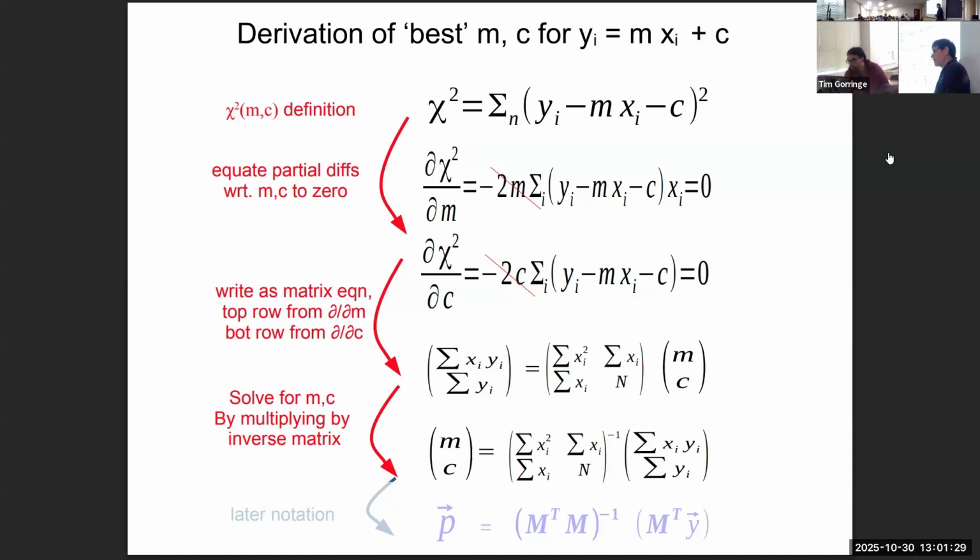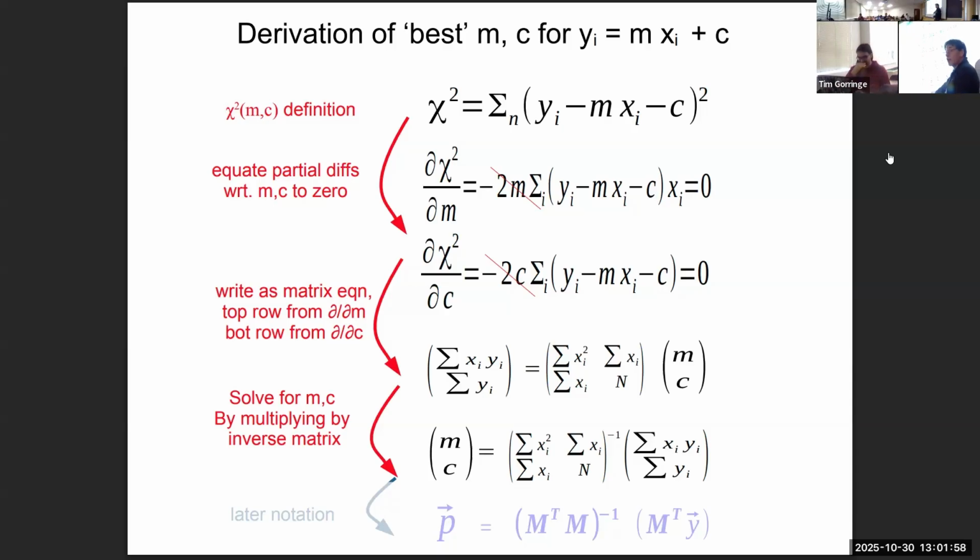I think I don't know how to answer that question because I can't look at this and get some. I think you're asking for some intuition. Are you? Well, why does m look like this, and why does c look like this equation? It's more like, why don't we just say, oh, we calculate the inverse of that matrix, but instead we call it M transpose M. That's my question.